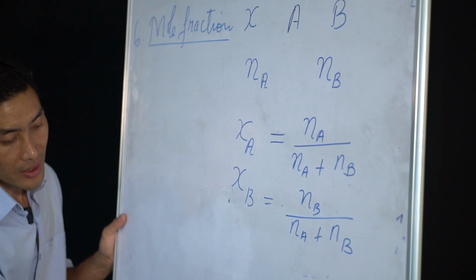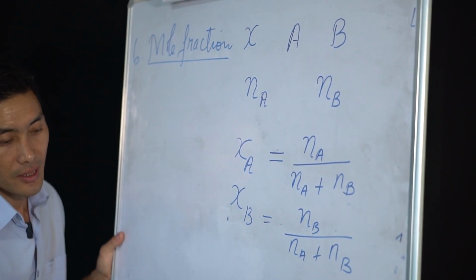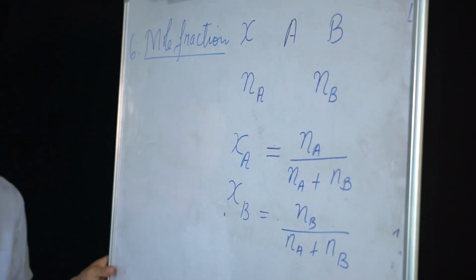So we have mass of methyl alcohol, which is 64 grams. We have calculated its molecular mass, that is 32.